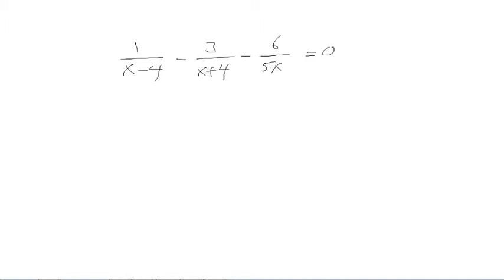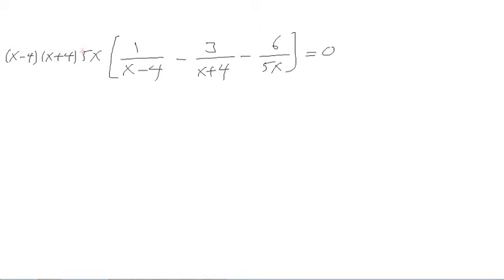The least common denominator for these fractions is simply the product of the denominators. So I multiply both sides by x minus 4 times x plus 4 times 5x.